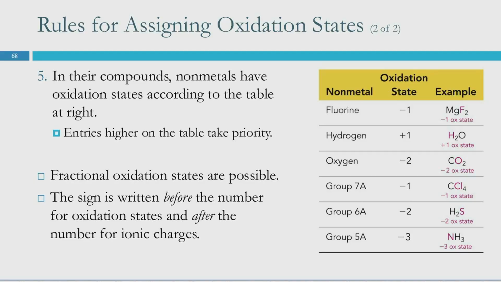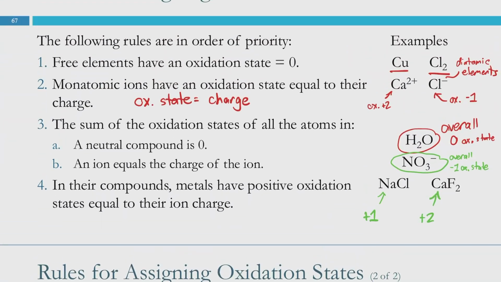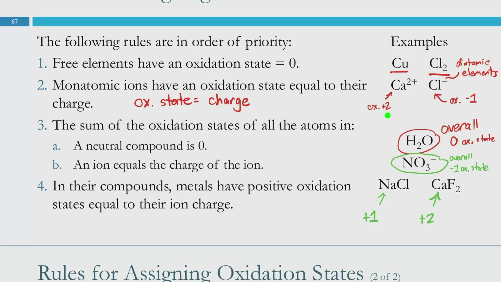Question? Could you give us an example of the plus coming first versus after? Yeah. It's like calcium 2 plus. The 2+ here is the charge of the calcium, but it has a +2 oxidation state.